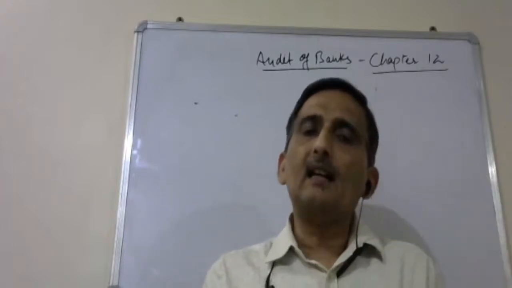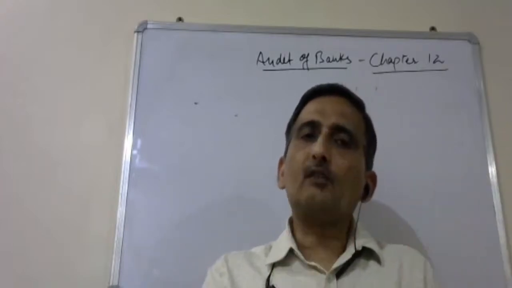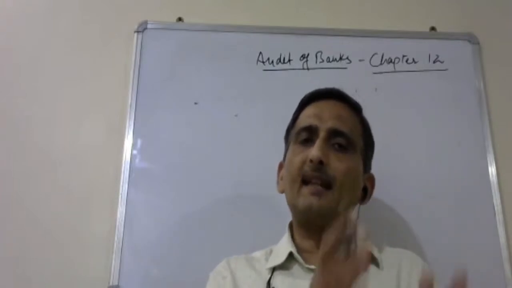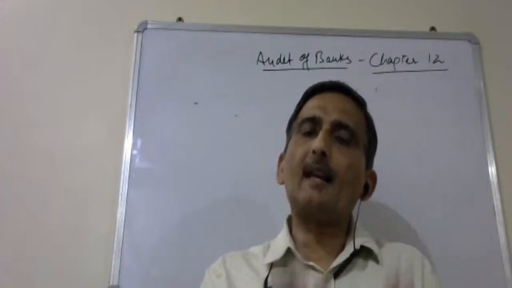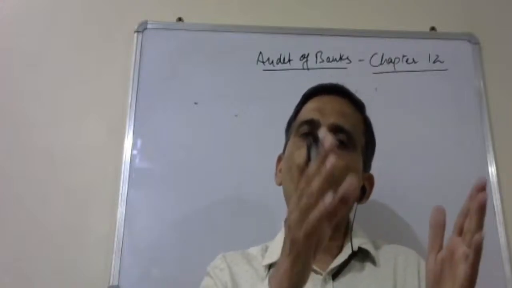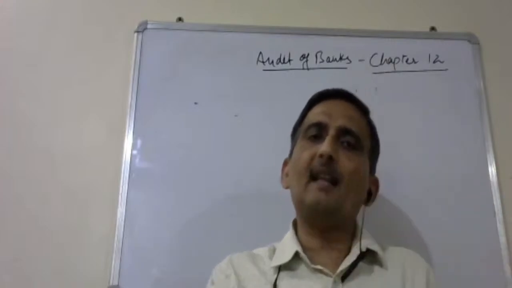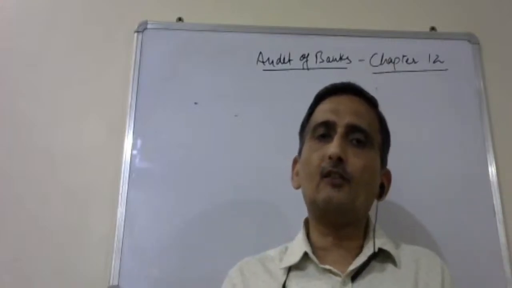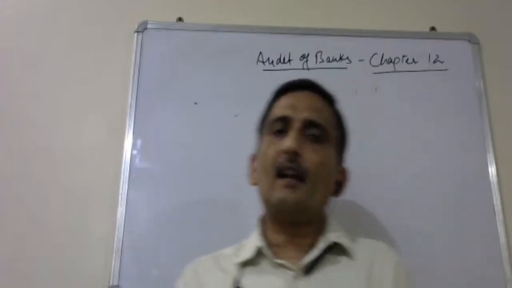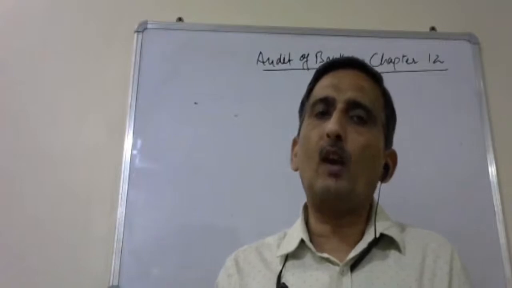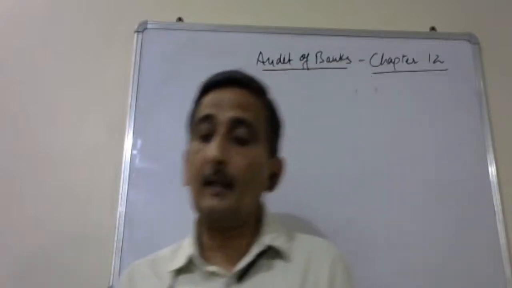So all the qualifications, disqualifications, things which cannot be done by the auditor of a company, are also applicable to the auditor of a bank. Since you have already read about these in your chapter on company audit, there is no point in repeating it again here.